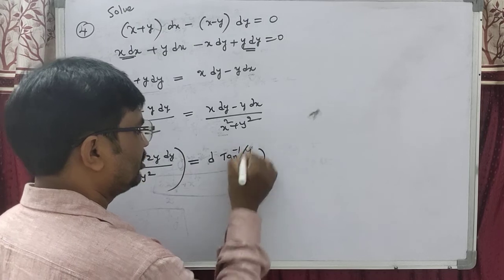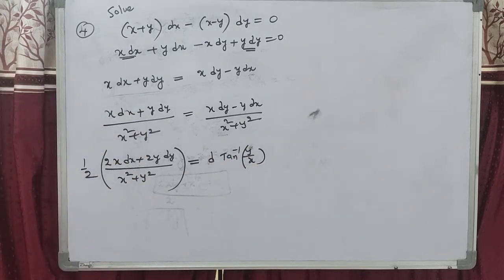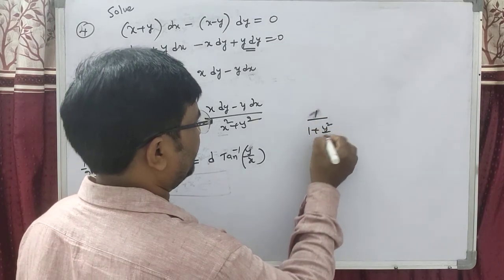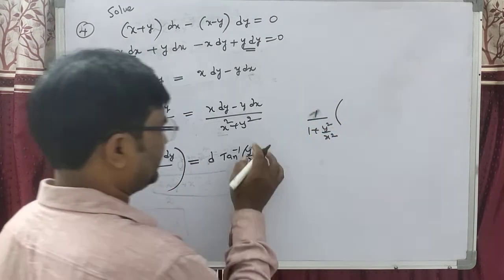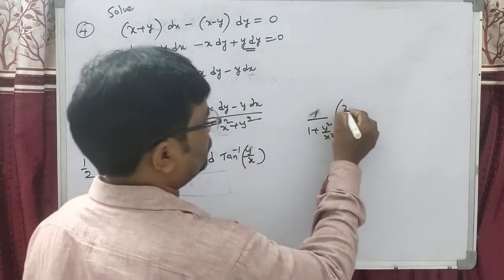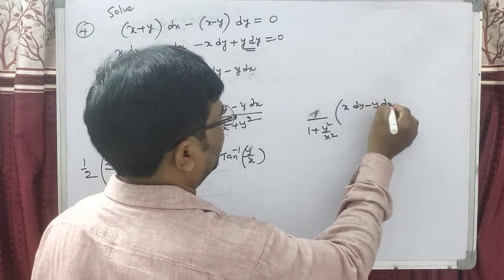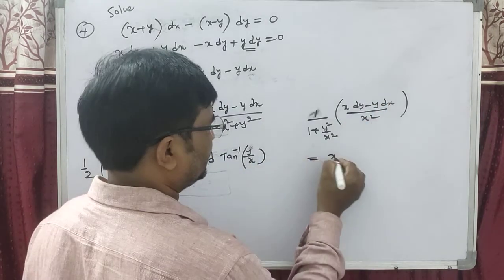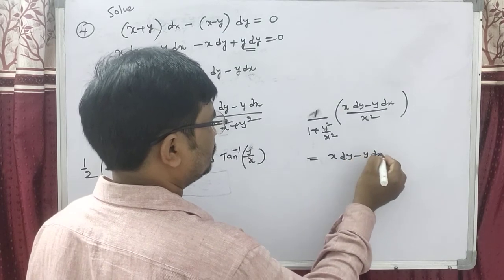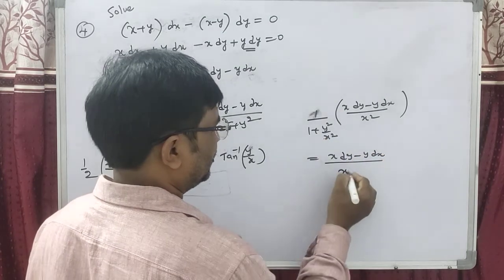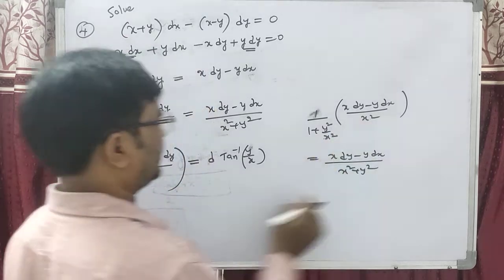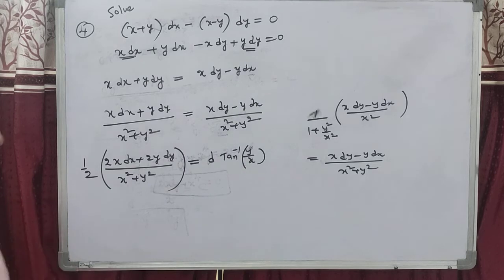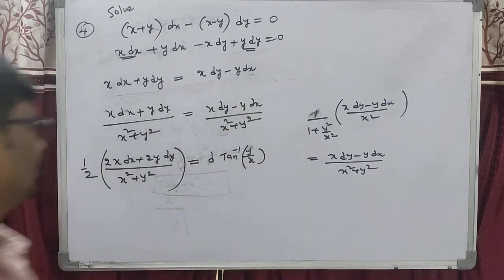We know that it is 1 by (1 plus y square by x square), then the derivative of y by x, that is (x dy − y dx) by x square. Taking the LCM x square plus y square, these two cancel, so we get (x dy − y dx) upon (x square plus y square). This is the complete derivative of this one.